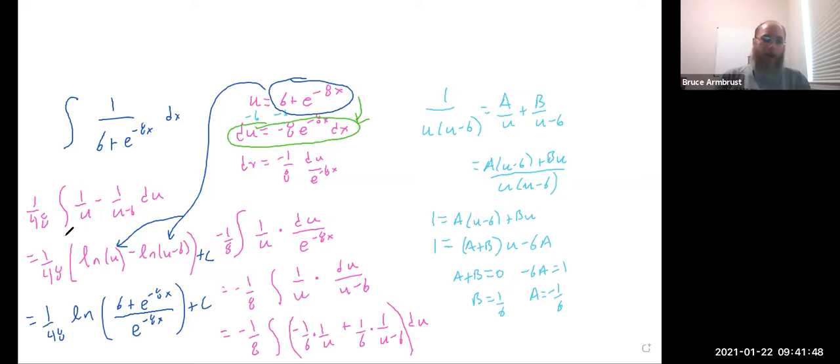Oh, hey, here's another calculus step. When we actually anti-differentiated 1 over u and 1 over u minus 6. Again, how difficult was that? Well, harder than the first calculus step, but still not bad.